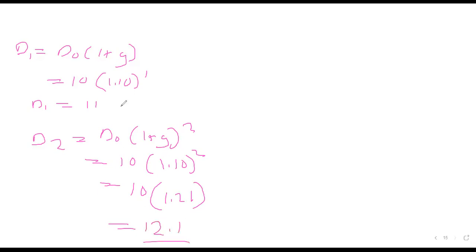Or the easiest is just multiply the previous dividend times 1.10. If it was 8%, 1.08. So you had 11, you multiply by 1.10. You get the same answer, 12.1. To get the next one, just multiply by 1.10.